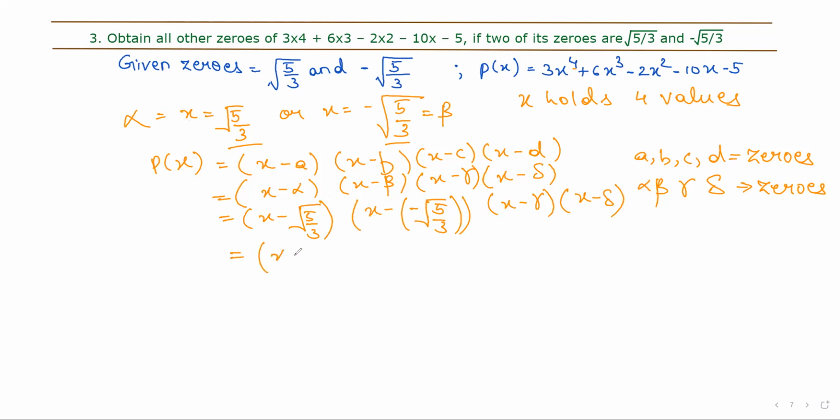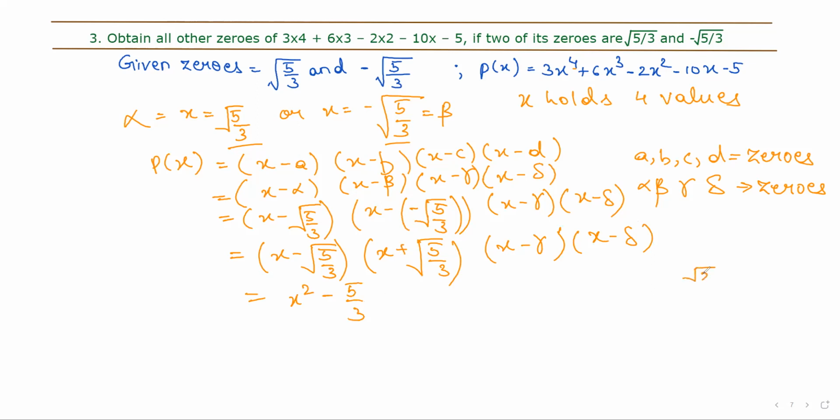Here you have x minus root of 5 by 3 into x plus root of 5 by 3, x minus gamma, x minus delta. Multiplying this, if you can observe, it is a minus b into a plus b. So it should have a square minus b square, x square minus root of this means 5 by 3. You know that root of something multiplied by root of the same value will give you the value inside, because it is root 2 whole square.